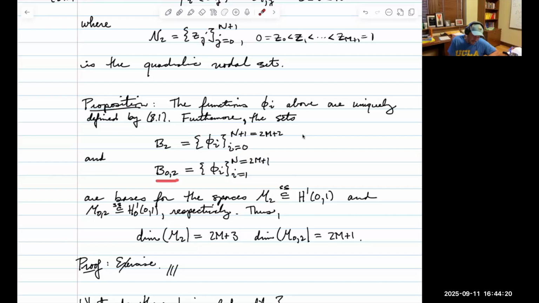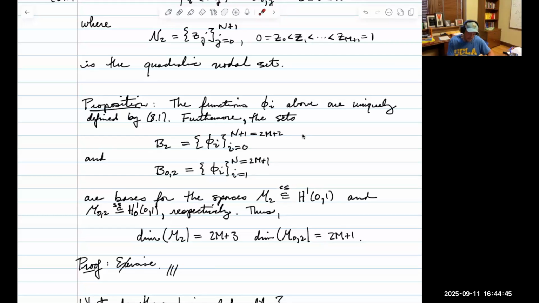Now, for my model problem where I have 0 boundary conditions, I'm going to eliminate the degrees of freedom at the two endpoints. And the way I do that is simply don't count the basis function associated to i equals 0 or the one associated to n plus 1, and I stop at i equals n.